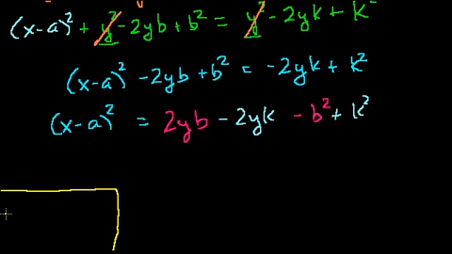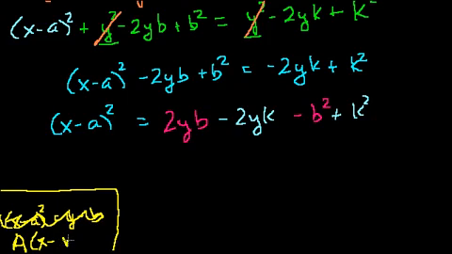I'm trying to get into a format a times x minus, I already used the a, so let me call it v, squared. I'm picking v for the x value of the vertex. I'm making up variables on the fly. a times x minus v squared is equal to y minus b. The actual letters I choose don't matter, but this is a general form of a parabola.